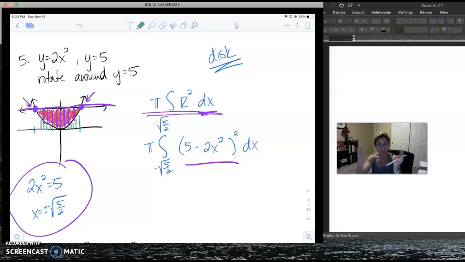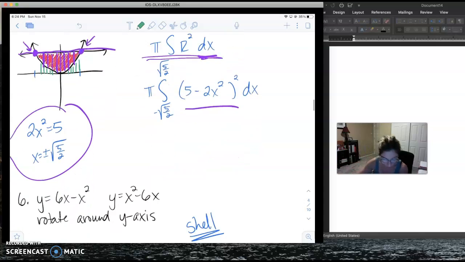Don't forget to take that whole thing and square it because you're doing pi R squared. Hopefully you can FOIL it and integrate from there. I probably wouldn't do a U substitution. I would just FOIL and then integrate and evaluate from there. So that was 3, 4, and 5.